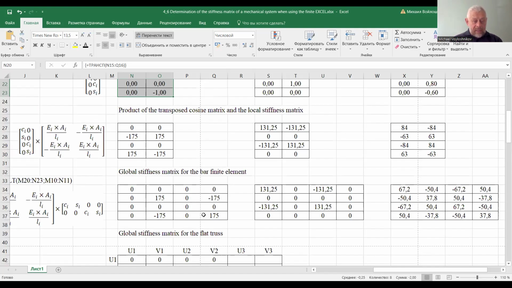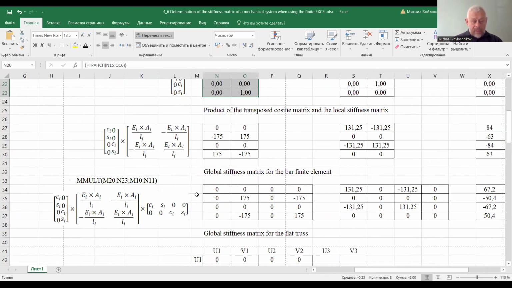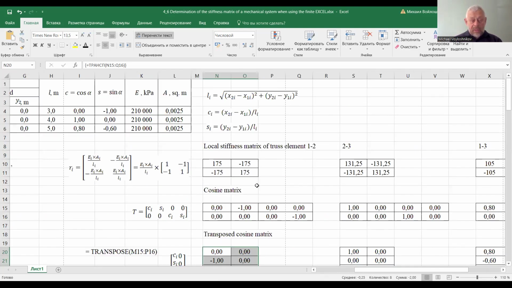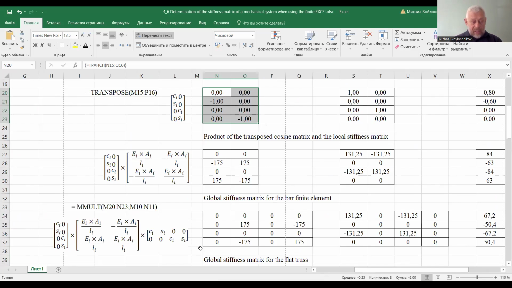So gradually we found the stiffness matrix of the first finite element transformed into the global coordinate system by the consequent product of three matrices. First, we took the product of the transposed cosine matrix and the stiffness matrix in the local coordinate system, and we got an intermediate matrix.